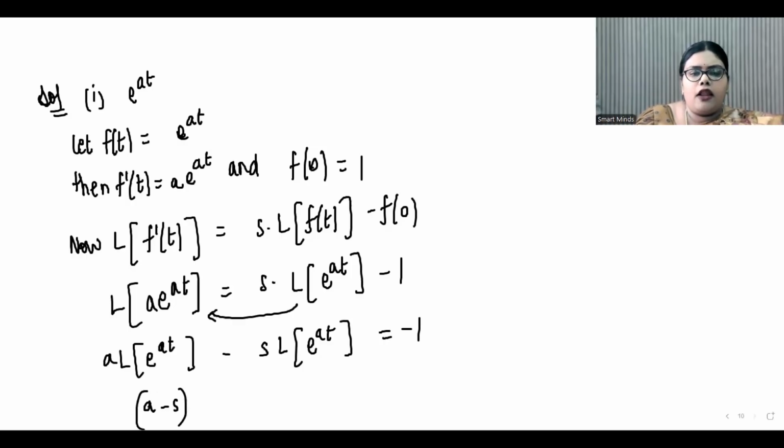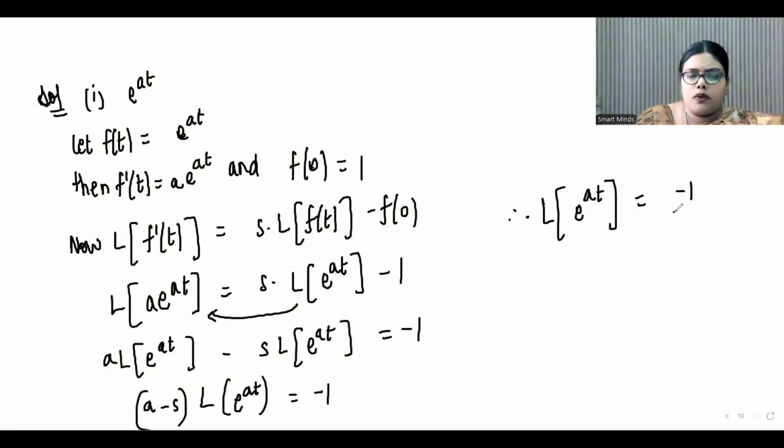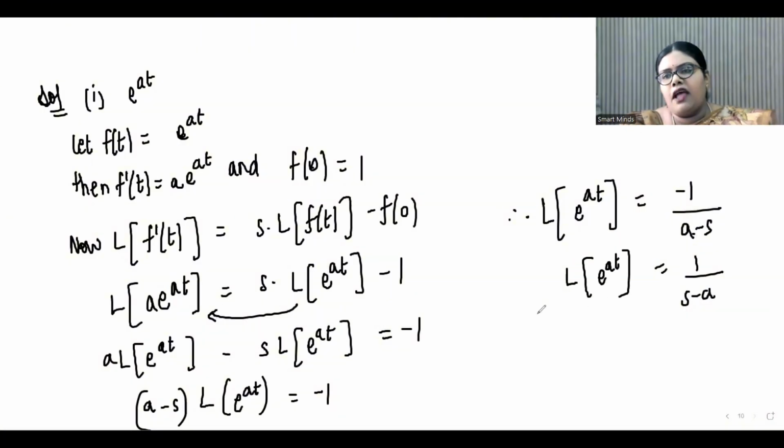If we take L of e power at common, we will get a minus s, that is equal to minus 1. Therefore, L of e power at is equal to minus 1 by a minus s. If I take this minus in the denominator, we will get 1 by s minus a. This is the formula we derived. Actually, we have this direct formula, but here it is asking us to find Laplace transform of e power at using transforms of derivatives.